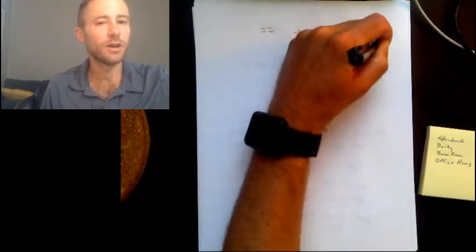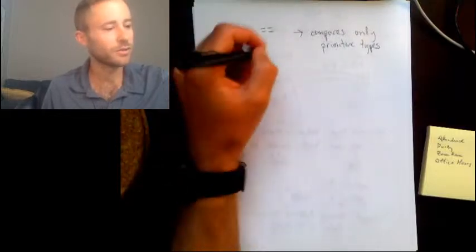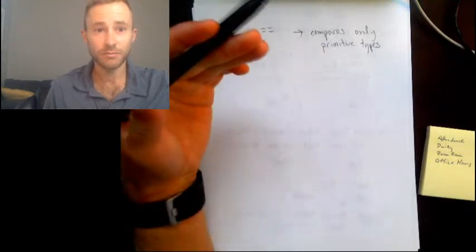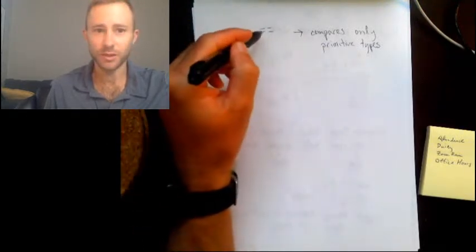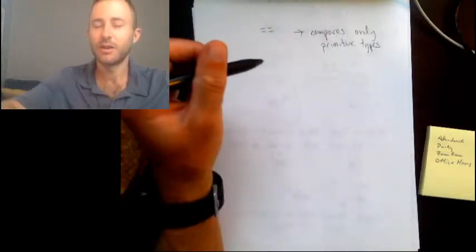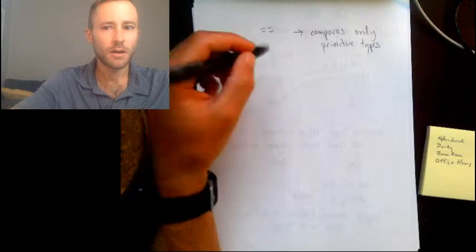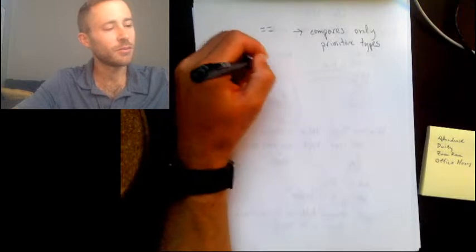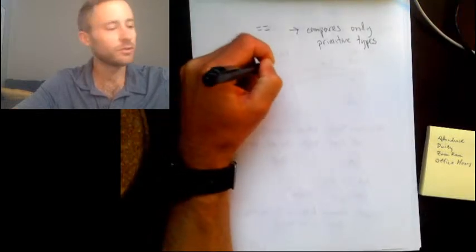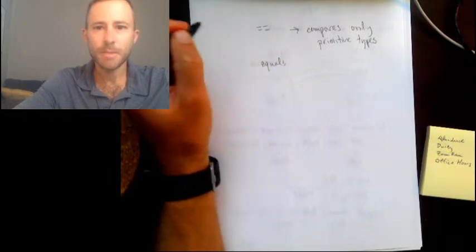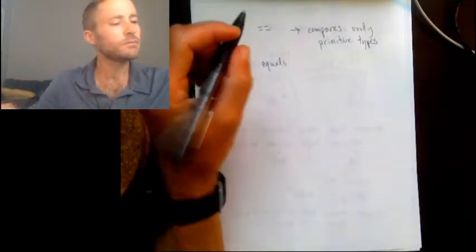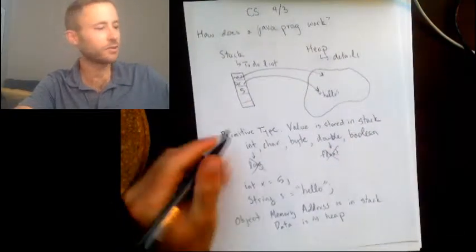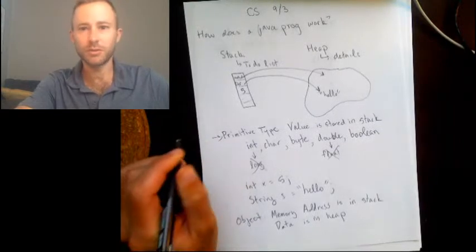Only if you really understand what you're doing would you use this for objects. If you're using it with objects like strings or your own objects that you create, it's not going to work like you expect it to. For objects, if you want to compare them, you would use equals. So if you get nothing else from this, just know that there are these things called primitive types.